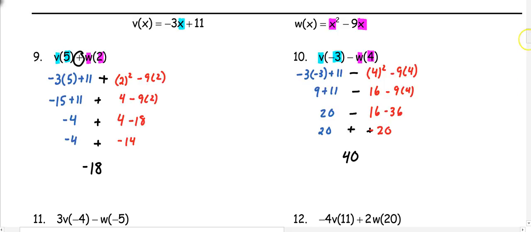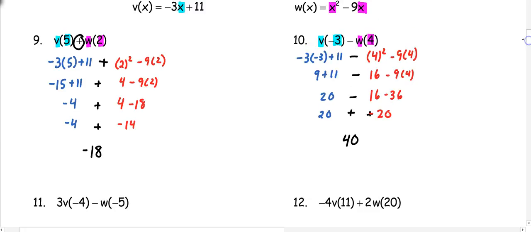Now, in 11 and 12, it's the same idea, but now I have coefficients involved. So just like before, I'm going to go through and multiply with my coefficient at the end. So for the v equation, I'm going to use negative 4. And for the w equation, I'm going to use negative 5. So when I rewrite this, I have 3 parenthesis negative 3 times negative 4 plus 11.